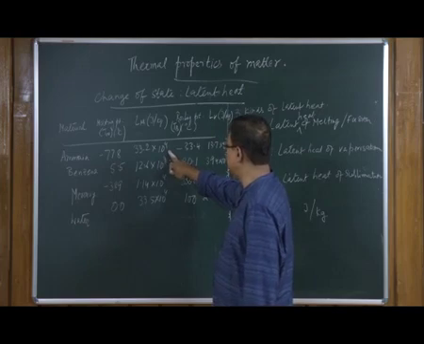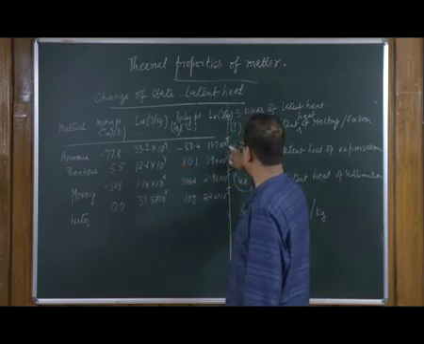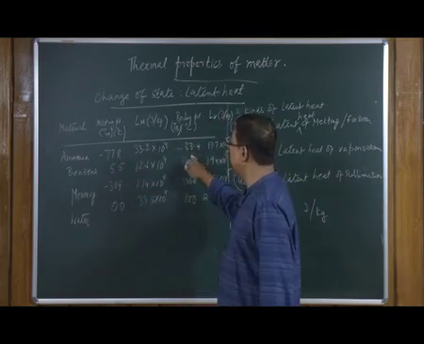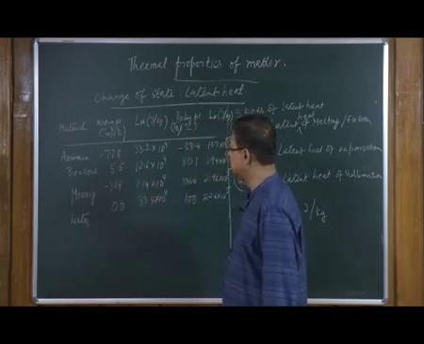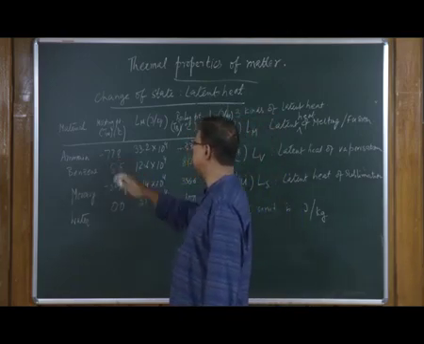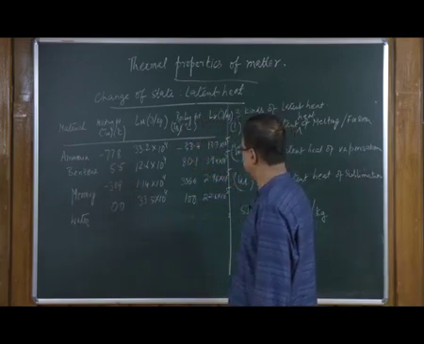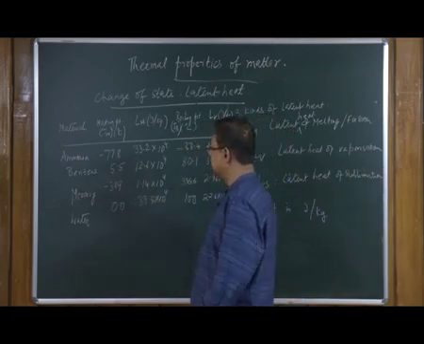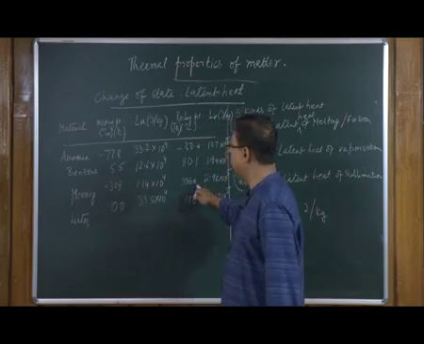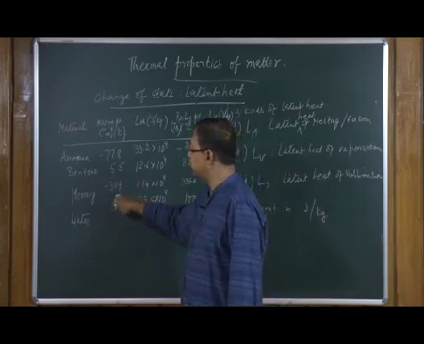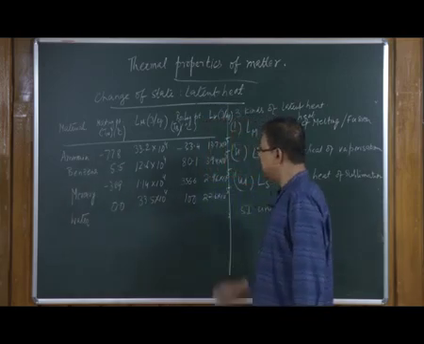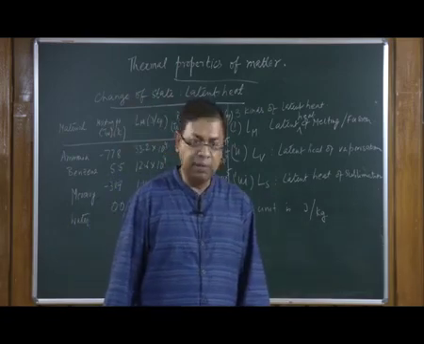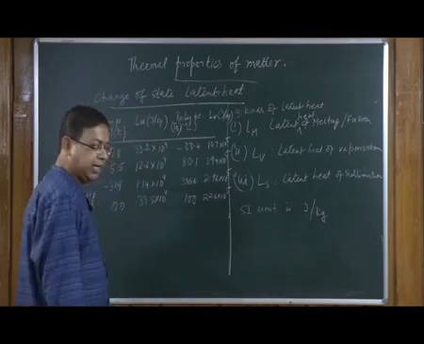So, Lm is between 10 to the power 4 and 10 to the power 5, and Lv is between 10 to the power 5 and 10 to the power 6, while the melting points and the boiling points are very different, such as the melting point of ammonia is minus 77.8 degree centigrade, whereas its boiling point is 33.4 degree centigrade, and so on. And for mercury, the boiling point is very high, and the melting point is below the freezing point of water. However, Lv and Lm are somewhat similar in the order of magnitude.